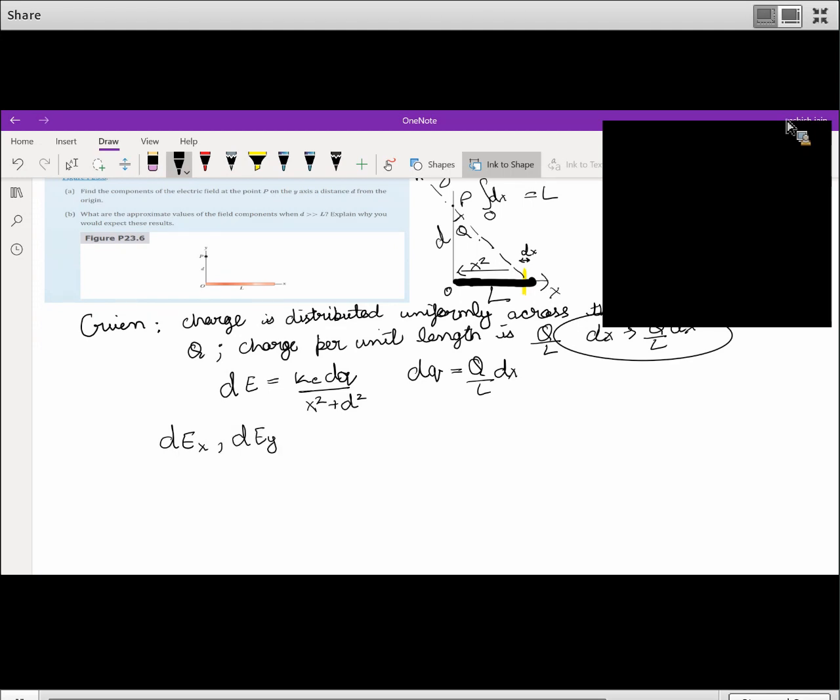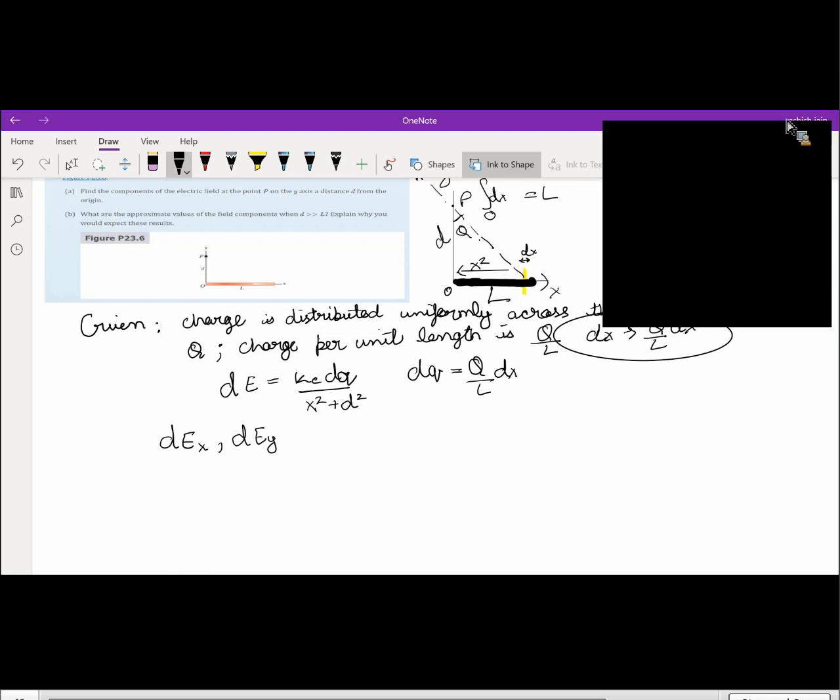If the angle theta is subtended at the point P due to this length element dx that is highlighted here, then Ex is nothing but the integral of dE sine theta, where sine theta is equal to x by the square root of d squared plus x squared.